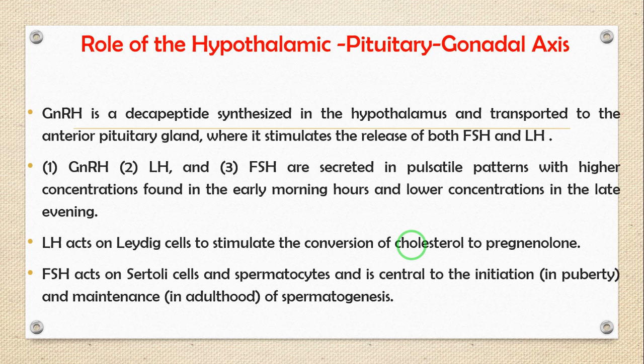The secretion of luteinizing hormone is under a negative feedback control from the final product, which is testosterone, while the release of the follicle stimulating hormone is inhibited by inhibin and stimulated by activin. Both of these proteins are secreted by the Sertoli cell.